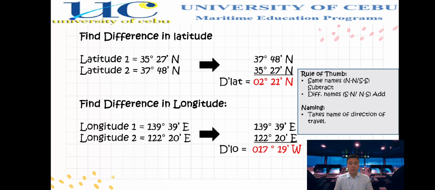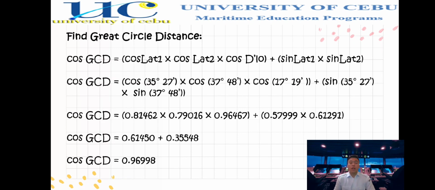Next slide please. After we solve for the DLAT and DLO, we will now solve for the great circle distance. The formula is: cosine GCD, or the great circle distance, is equal to cosine latitude 1 times cosine latitude 2 times cosine DLO plus or minus sine latitude 1 times sine latitude 2.